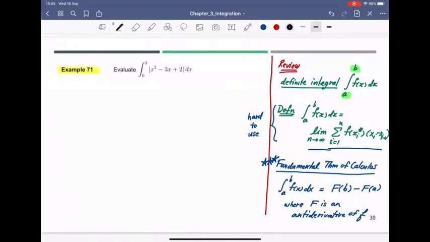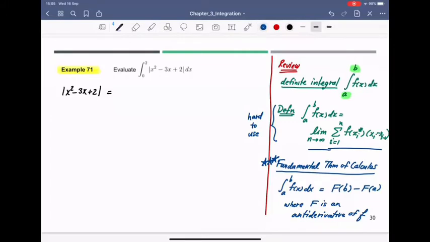That would be a good start all the time. So we will try to simplify x squared minus 3x plus 2 first. How do I get rid of the absolute value?